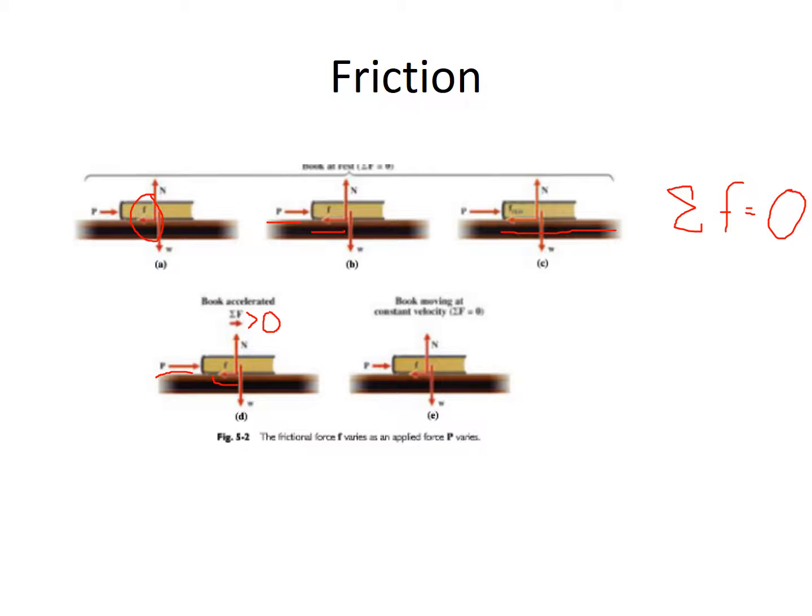It is also possible, now that the book is moving, for it to move at a constant velocity, which, from Newton's first law, is a new equilibrium condition. The net force is equal to 0. And in this case, again, P is equal to F.